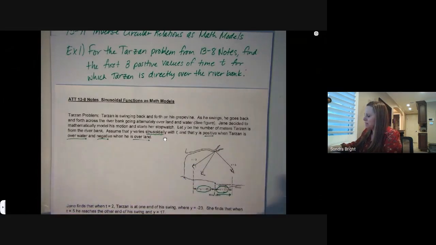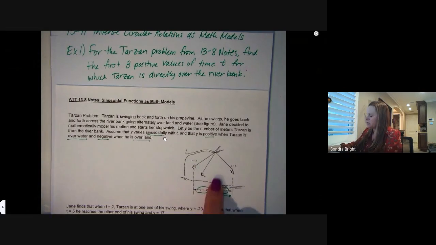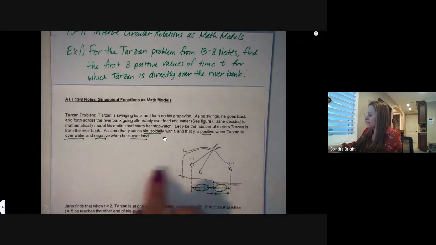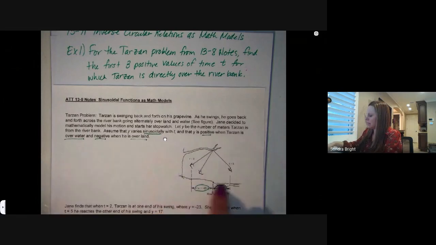We let y be the number of meters Tarzan is from the riverbank, and assume that y varies sinusoidally with t, and that y is positive when Tarzan is over water, which is why y was positive 17 over here, and negative when he was over land. So that was the problem, if you remember.